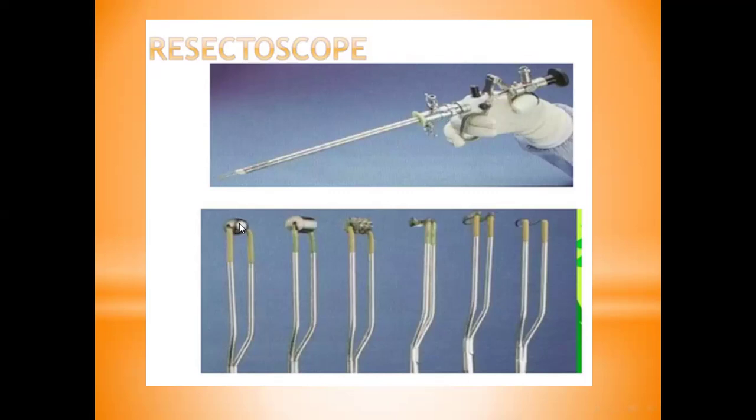Here is the working element of the resectoscope, with different shapes like this, and by this working element we can cut tissue in piecemeal, cut a septum, remove a polyp or submucous fibroid, or maybe make endometrial ablation with this instrument.